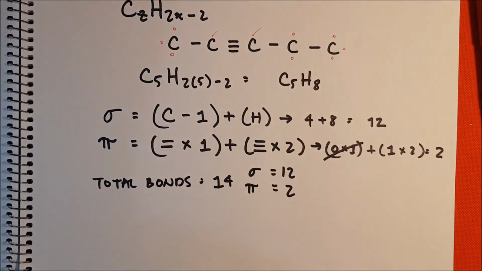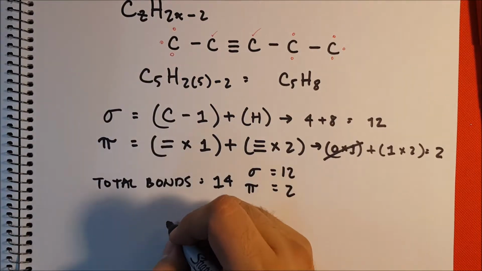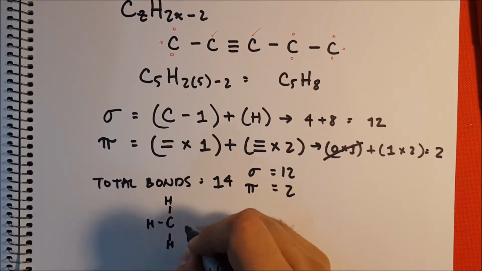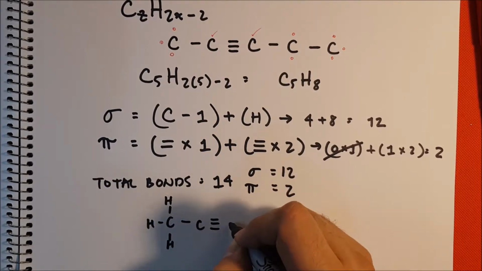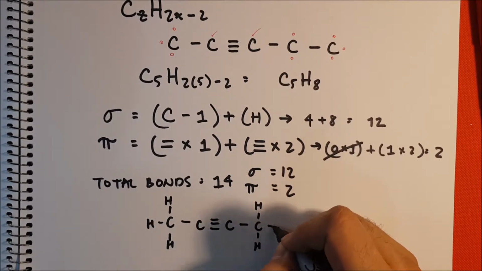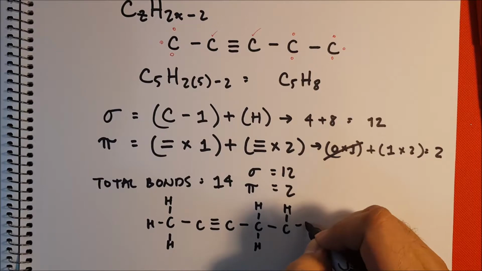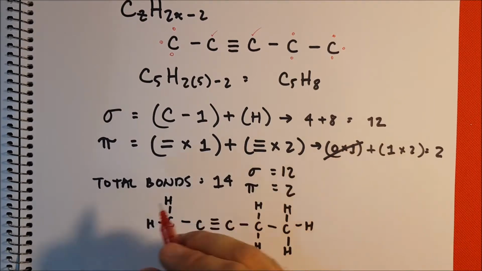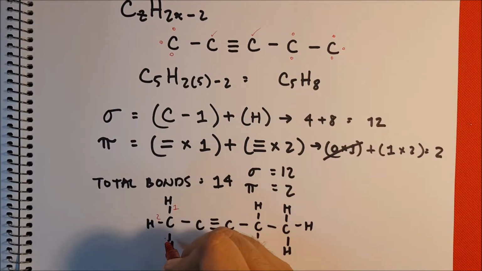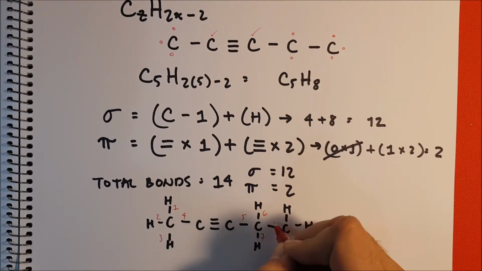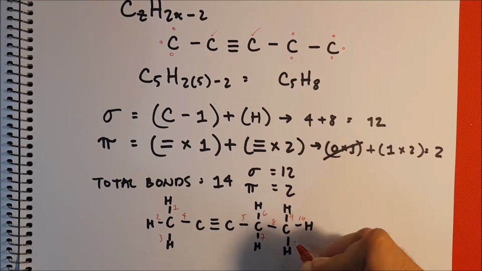Now let's see if that works out when we do the expanded formula. C, 1, 2, 3, 5. Then we connect this. Then we have in our expanded form, we're showing this. And now let's count. Okay. So sigma bonds, our target is 12. 1, 2, 3, 4, 5, 6, 7, 8, 9, 10, 11.